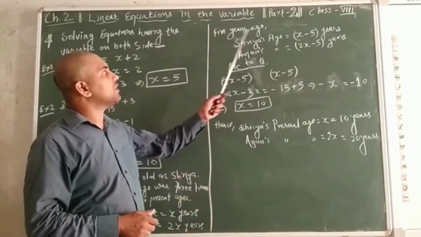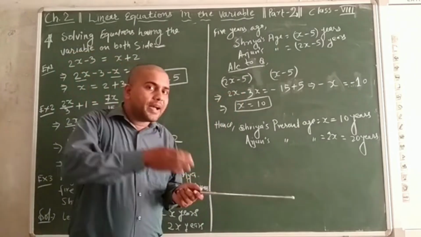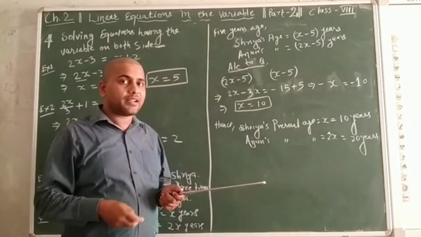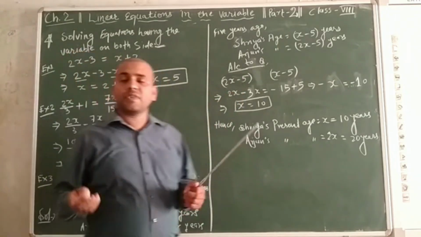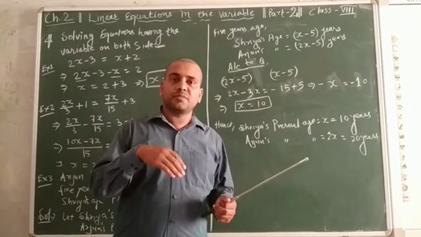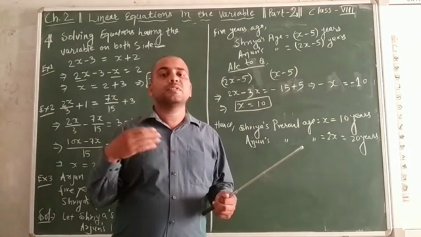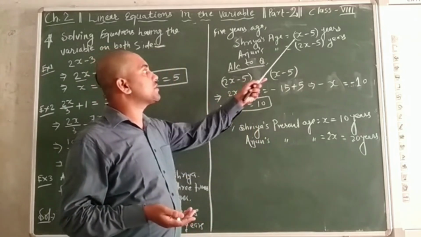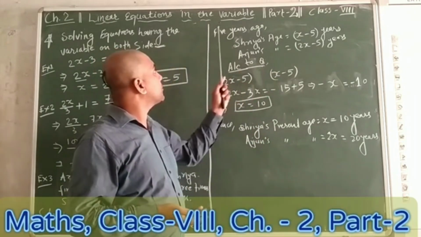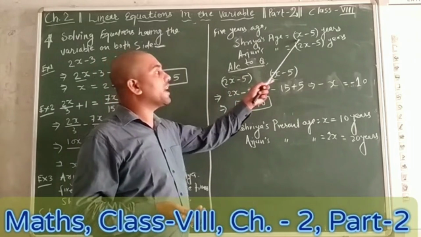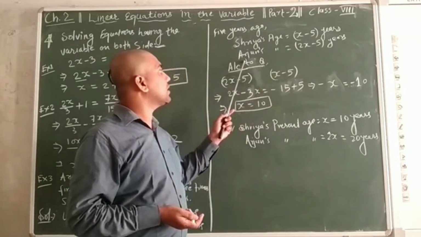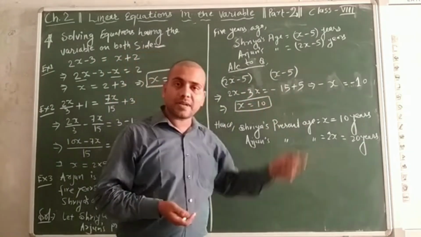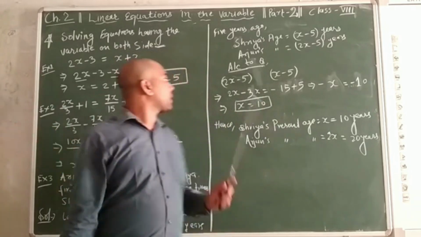So if you go back, then 5 years before, 13 minus 5. So in this case, Shriya's age 5 years ago is x minus 5 years, and Arjun's age 5 years ago is 2x minus 5 years.